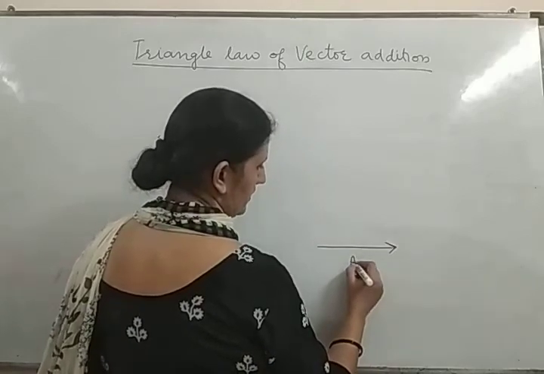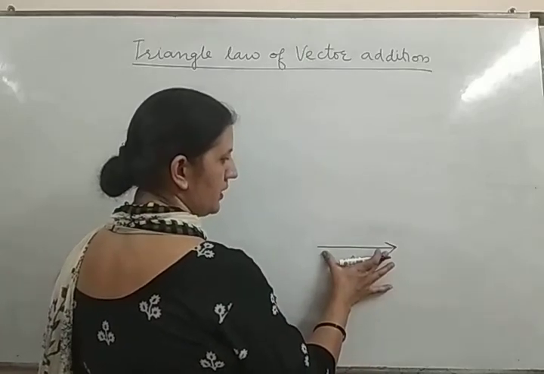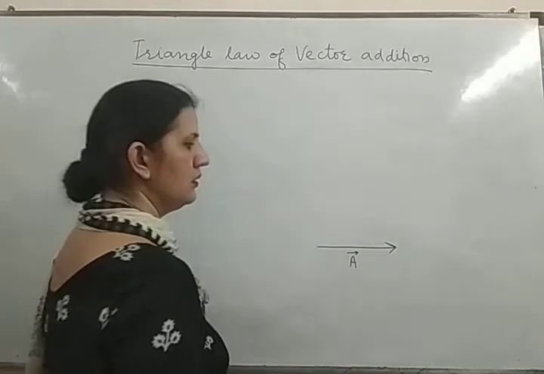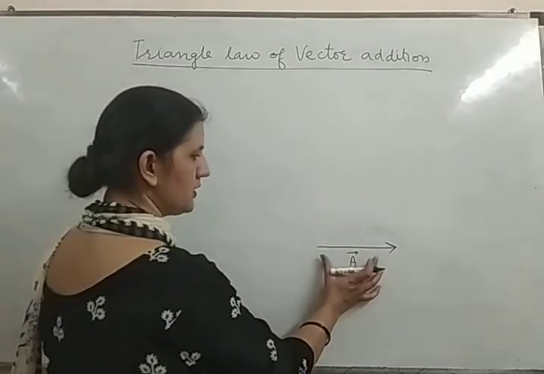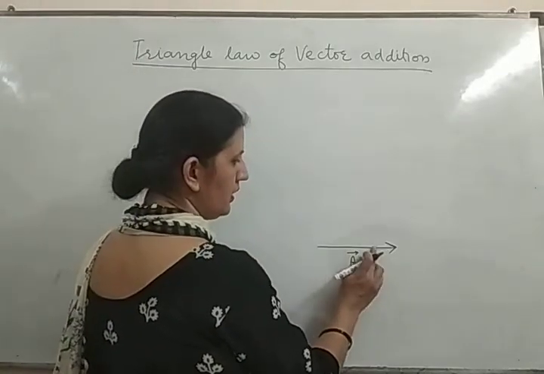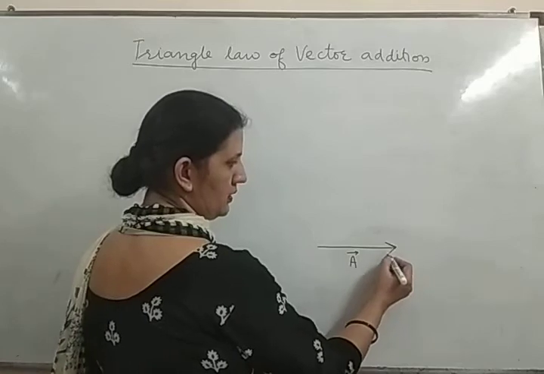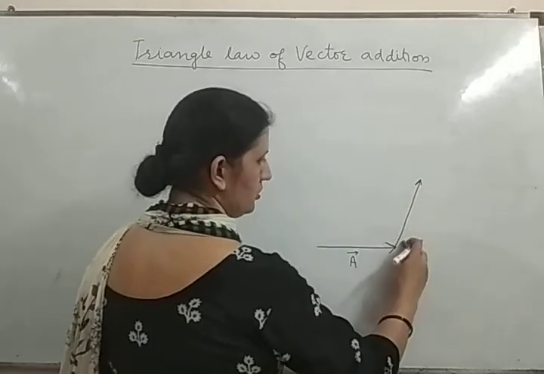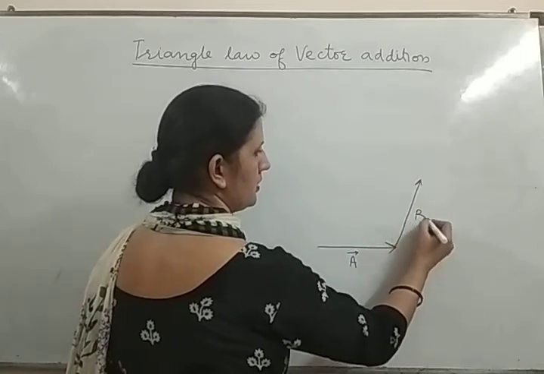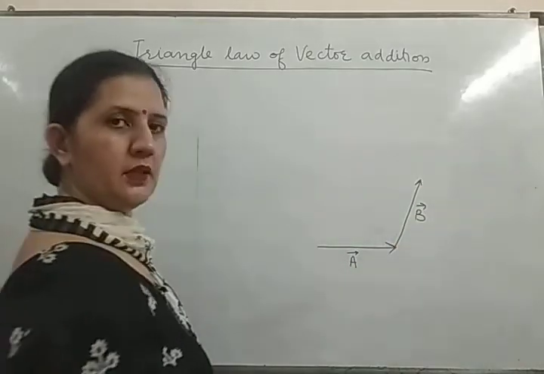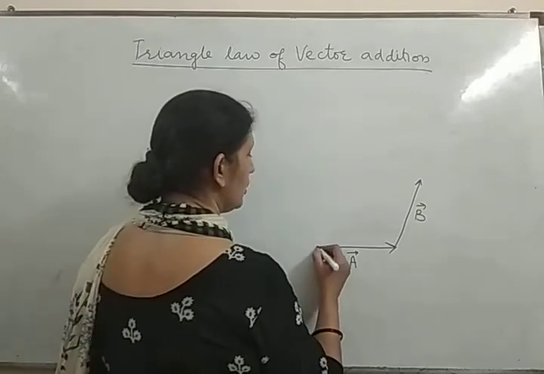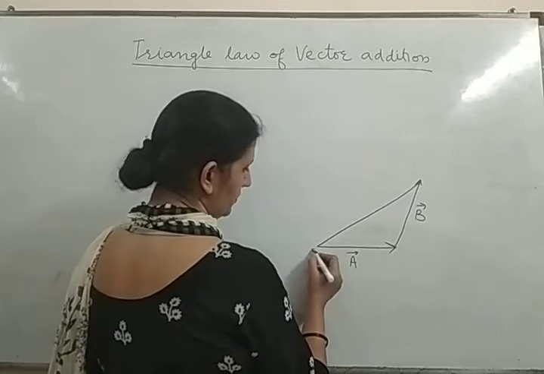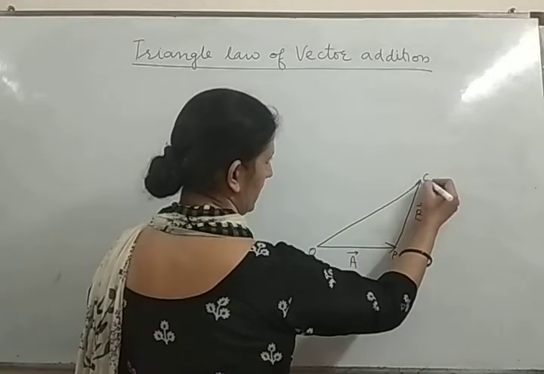This is represented by vector A. This length is representing the magnitude, and this arrow is representing the direction. So this is representing one side of the triangle in magnitude and in direction, and the second side in magnitude and in direction is represented by vector B. Then the third side, the closing side, starting from the same initial point, suppose O, P and Q.